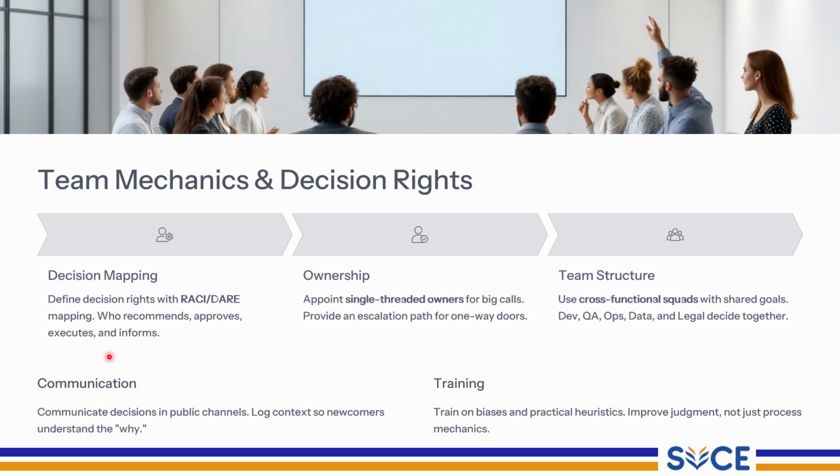So decision mapping avoids confusion. Everyone knows who recommends, who approves, who executes and who needs to be informed. So clarity beats chaos.